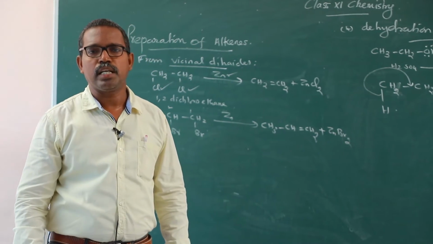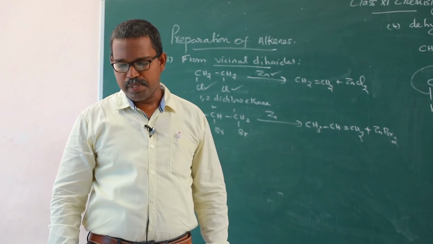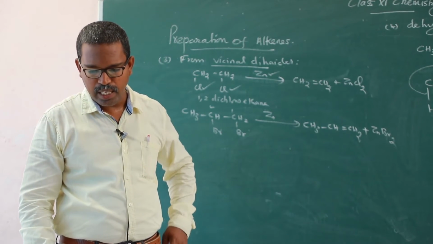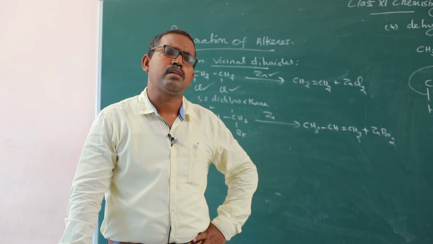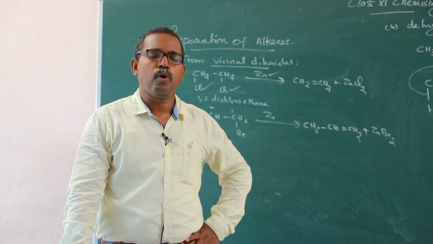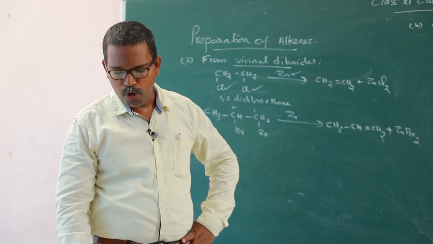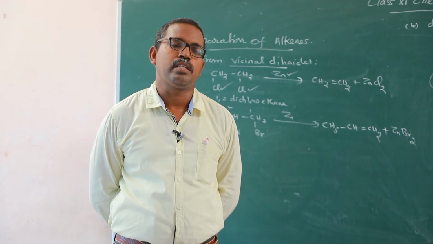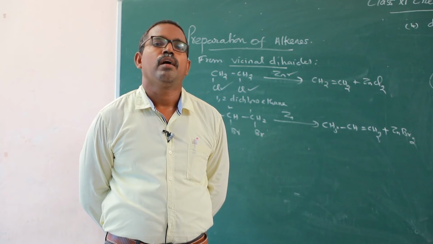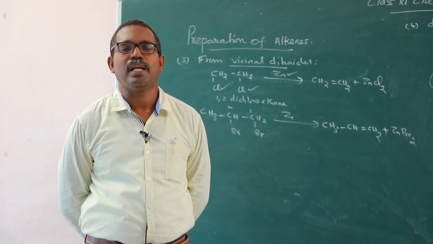Okay. So, these are the general methods for preparing alkenes. Now, the physical properties of alkenes. The first three members are gases. The next members, from 4 to 14, that is the next 14 members, exist in the form of liquid.